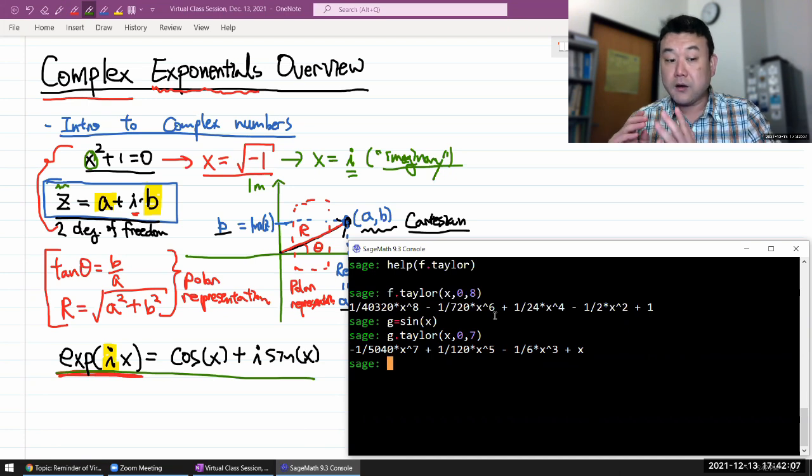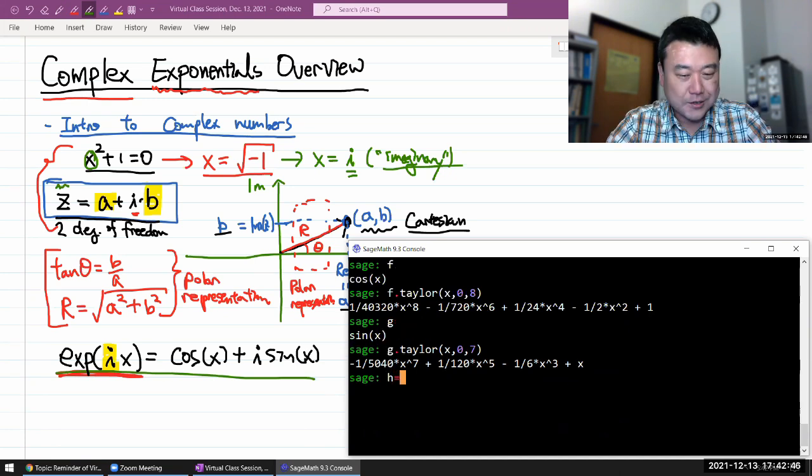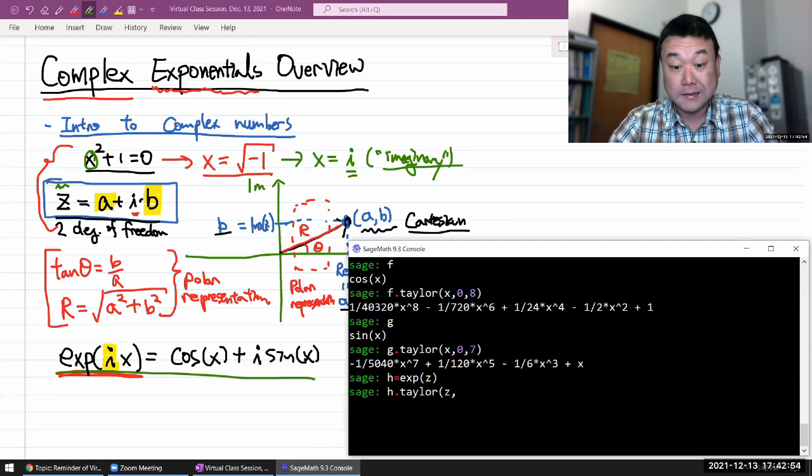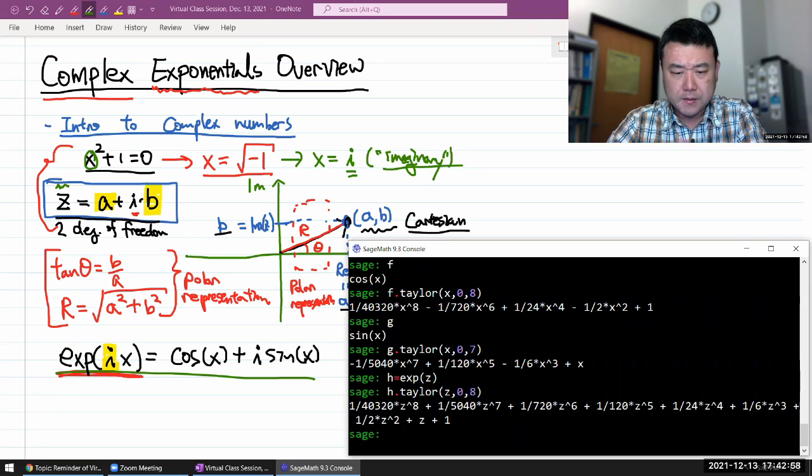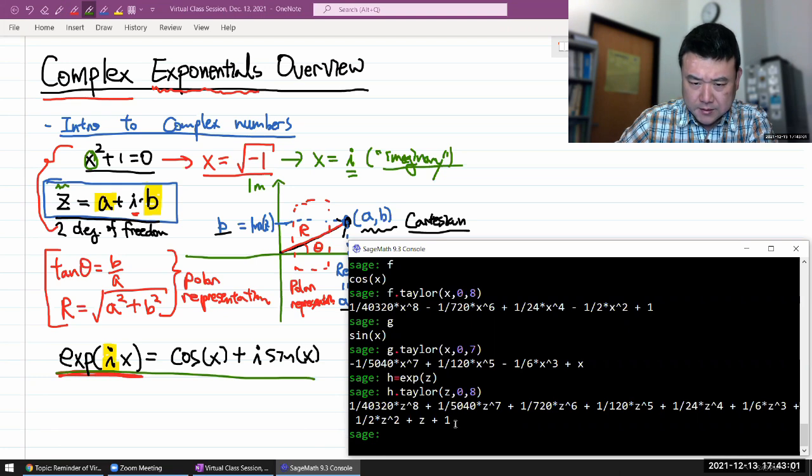Now, let me get a new function, h, as an exponential of g, and let me take the Taylor expansion of this function of g about 0, and let me do it to 8th order. And when I do that, I hope this is what you can see.